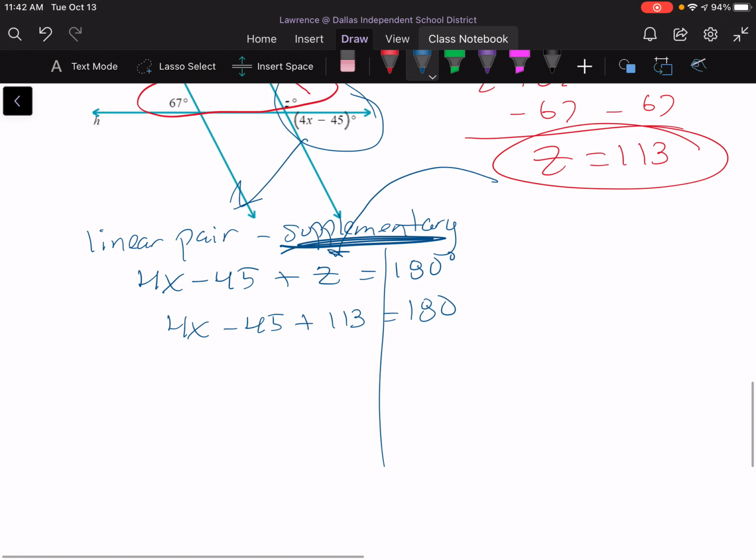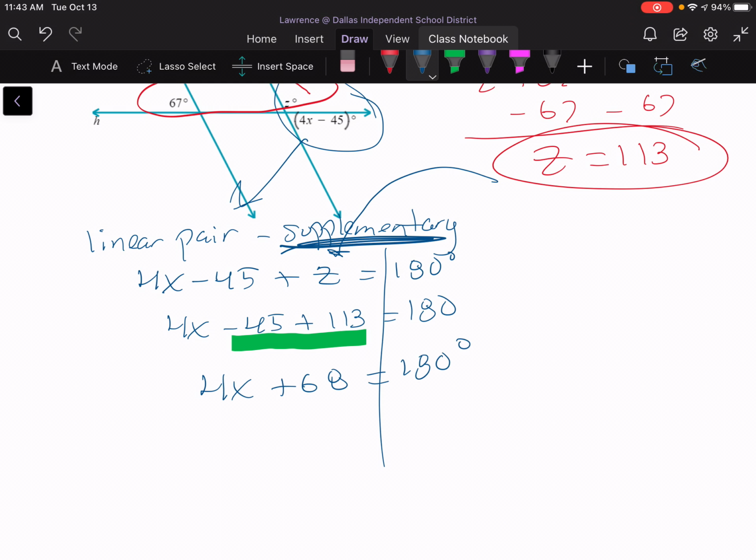Now, I need to go ahead and work some quick algebra, so I'm going to start by just simply putting these two together. Since they are on the same side of the equal sign, I just simply need to add or subtract them. So 113 and the negative 45, that gives me 68. So 4x plus 68 equals 180 degrees.